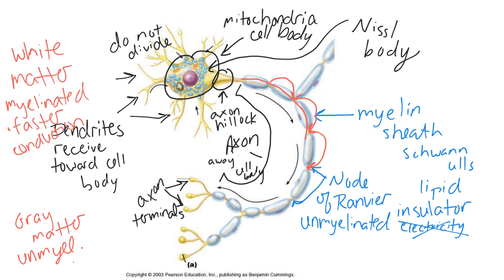Think about if you were running a race and you were allowed to jump or leap versus somebody else whose feet had to touch every inch of the ground from the start to the finish. The person that was allowed to jump or leap is going to be able to go faster. So the white matter with those myelinated neurons, their messages can travel even faster because of that leaping. That leaping or jumping is called saltatory conduction.